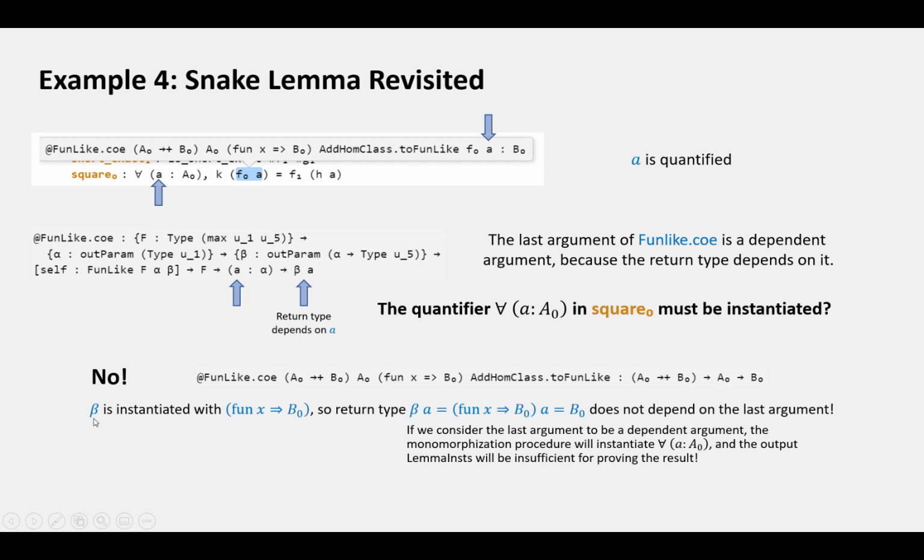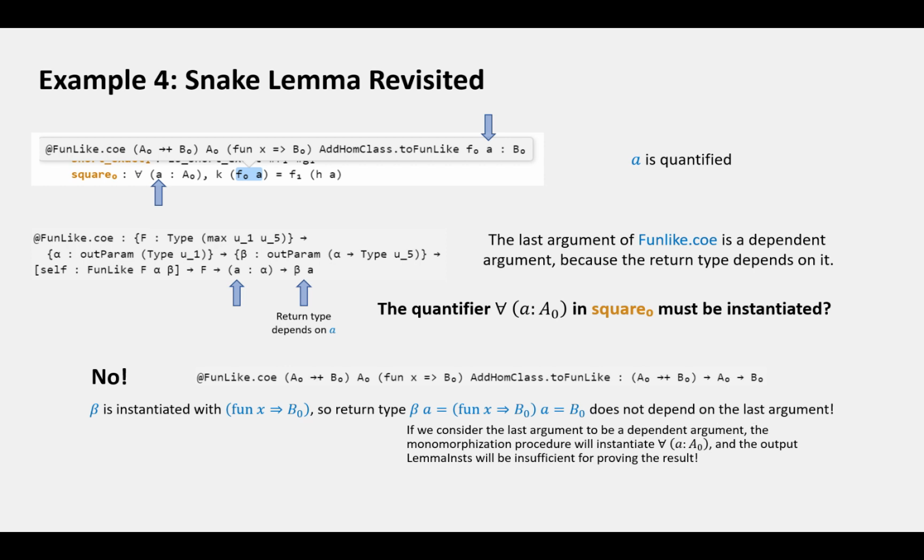This is because beta is instantiated with fun x => β0. So the return type beta a is equal to (fun x => b0) a, which is equal to b0. So this fun x => b0 is a constant function, so its output does not depend on its input. And so the return type no longer depends on the last argument.